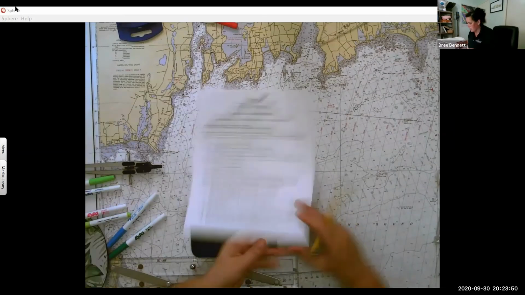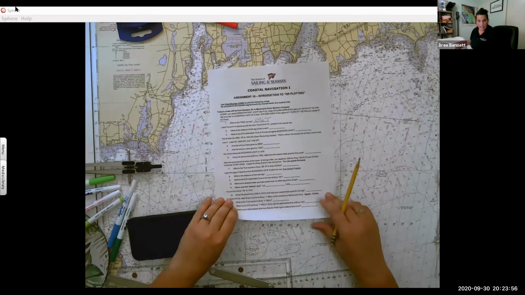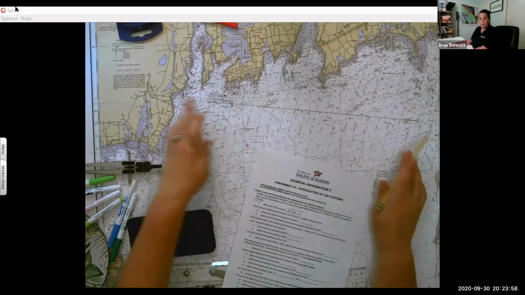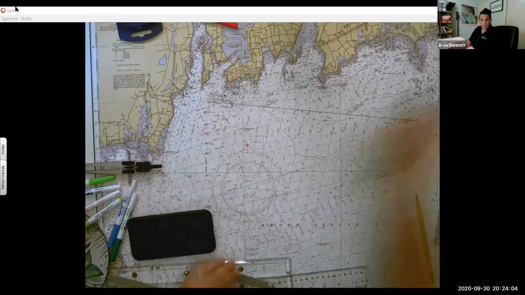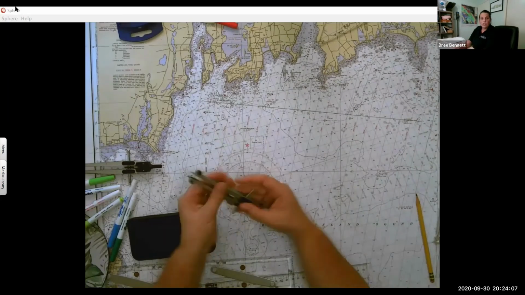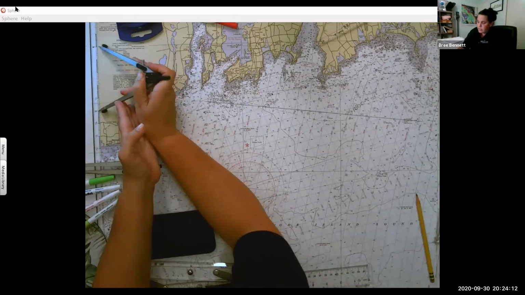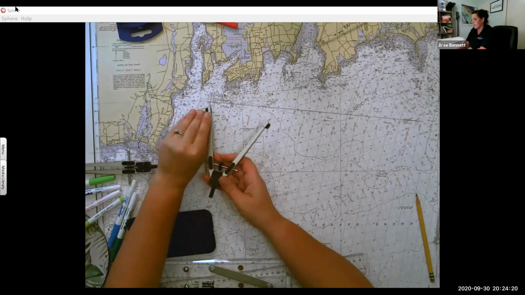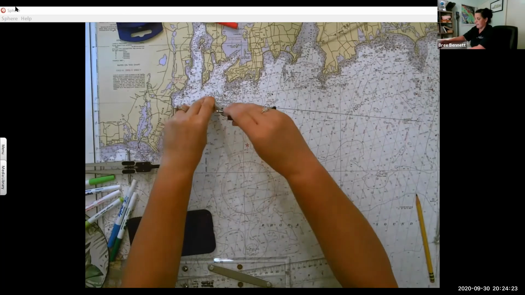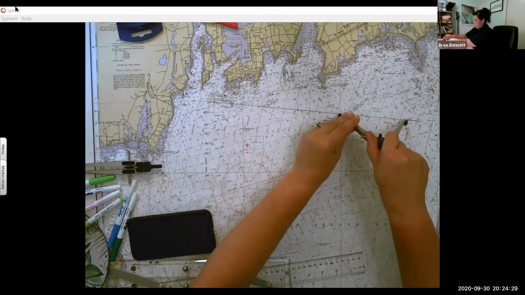Okay, so next, we have what is the distance of this leg of the cruise? So what is the total distance? So it's a longer distance. My dividers aren't going to reach all the way. So I'm going to find 5 nautical miles on my dividers. And then I'm going to walk the dividers. So I start on Breton Reef, and I go 5, 10, 15, and a little bit.